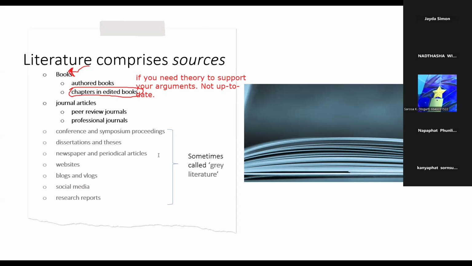Sometimes they revise the contents of books with a first edition, second edition, revised edition, but it still takes time before they publish books and sell them in the book market. The second one could be journal articles.